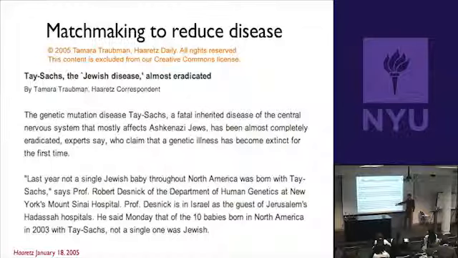Because even though there were no Jewish babies with Tay-Sachs in that year, there were 10 babies born in North America with Tay-Sachs, but not a single one of them was Jewish. Okay, so that was just bad luck. In some other populations, it's a rare allele, but two carriers got together and had a child with the disease.